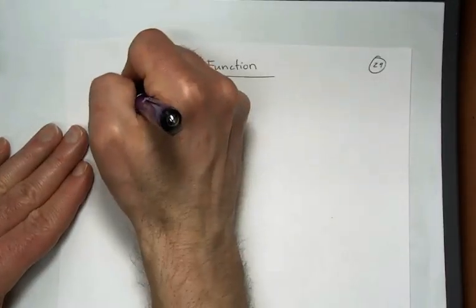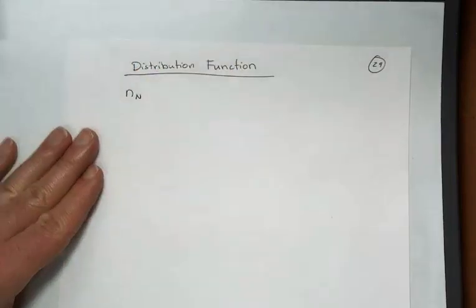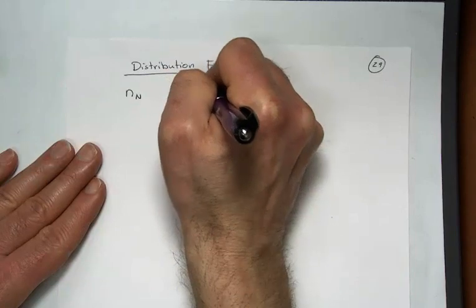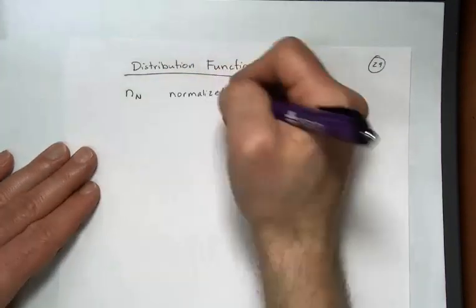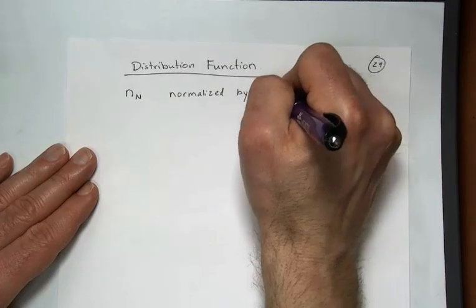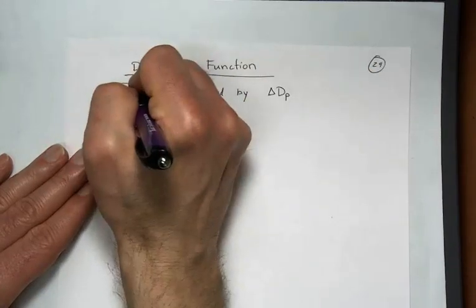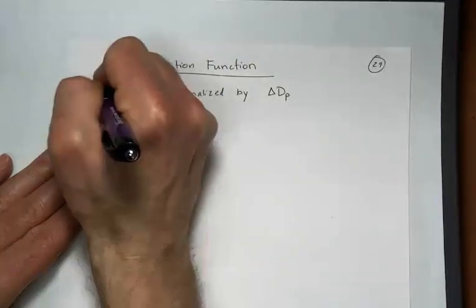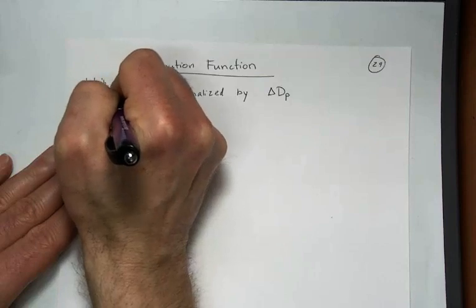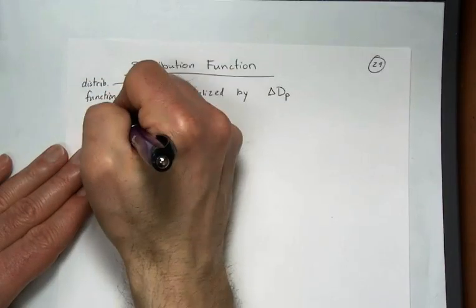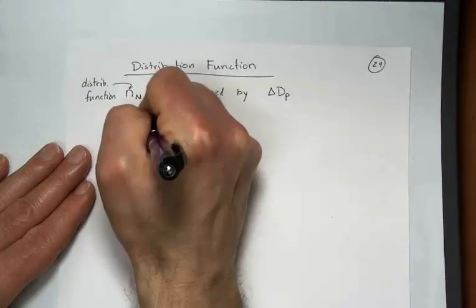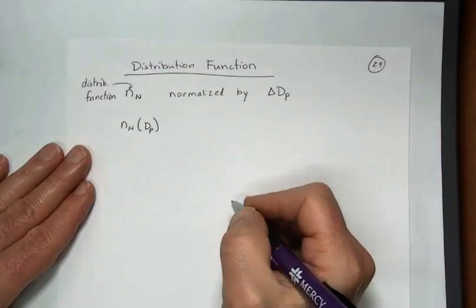The nomenclature in our book, N sub n, is normalized by delta dp. So this is the distribution function. And we might say N sub n is a function of dp, right?